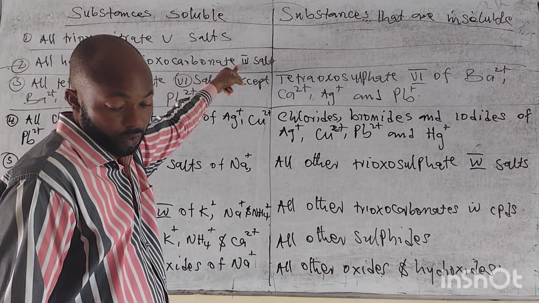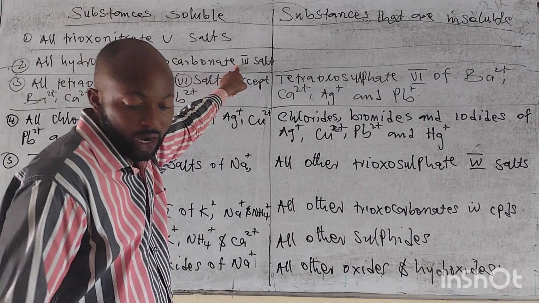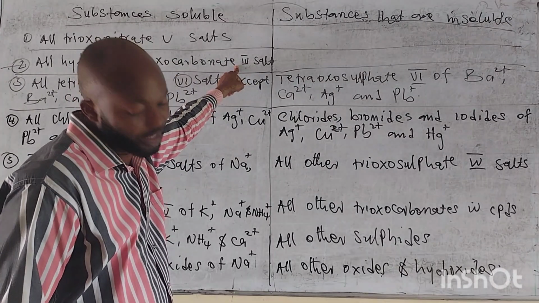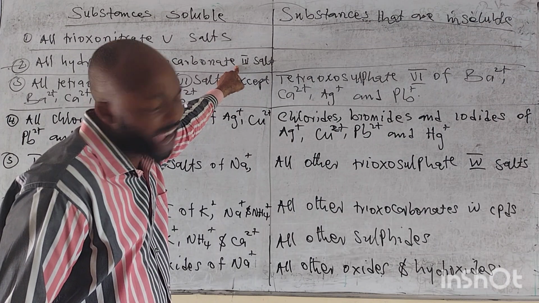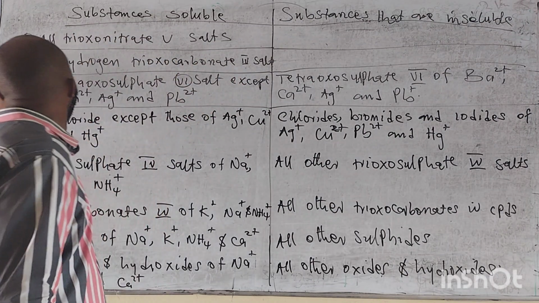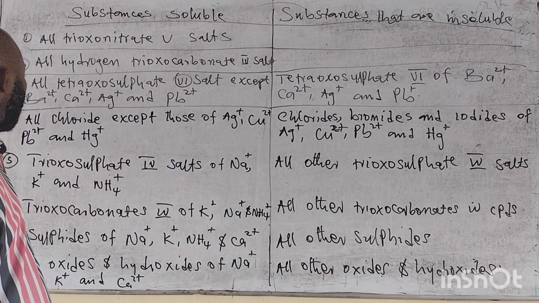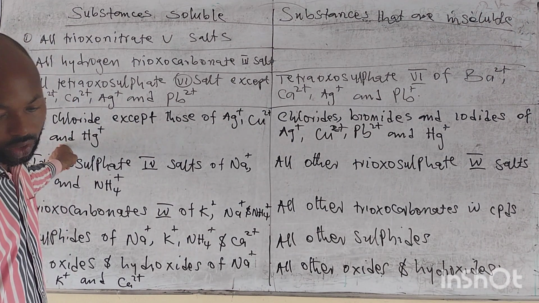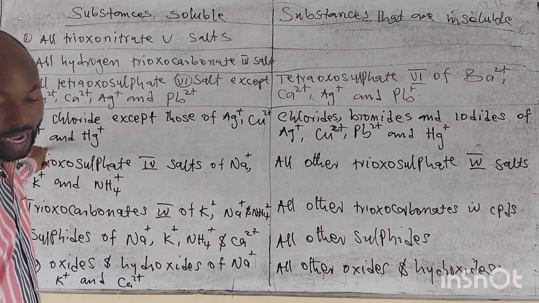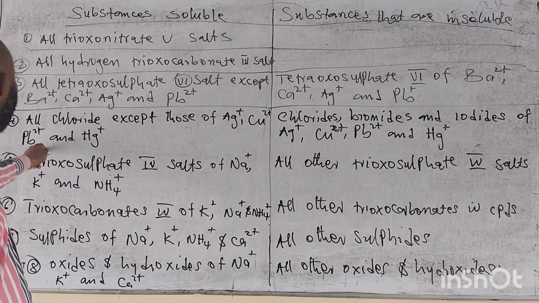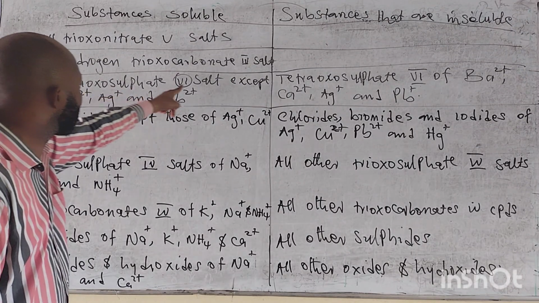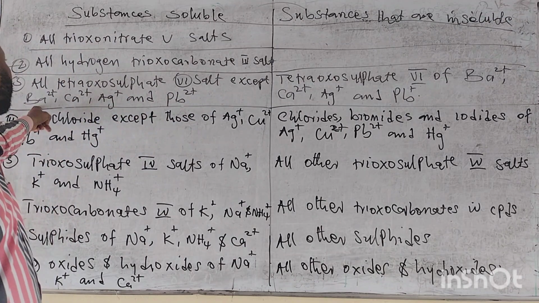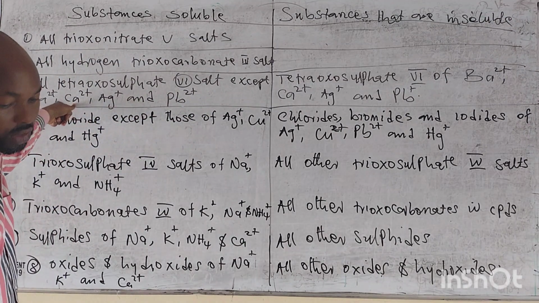We have lead trioxocarbonate(IV), calcium trioxocarbonate(IV). Now we have calcium chloride. All chlorides except those of, okay, calcium is soluble, see? And we have calcium sulfate. All tetraoxosulfate(VI) salts except those of calcium are soluble, so calcium sulfate is not soluble.